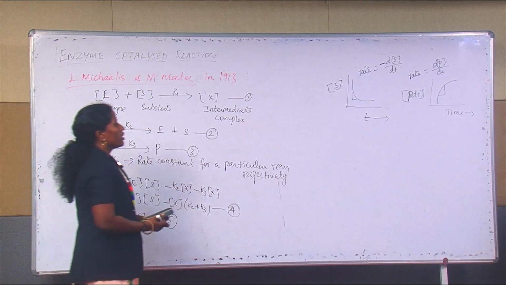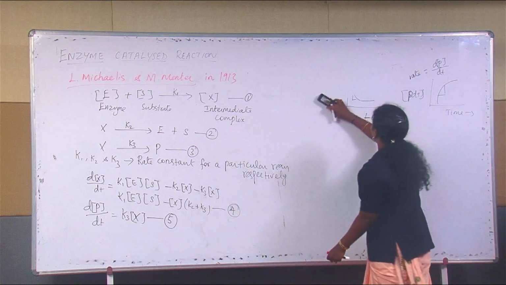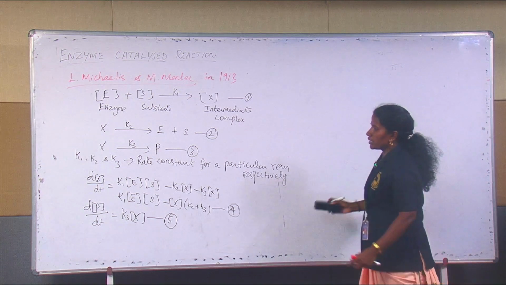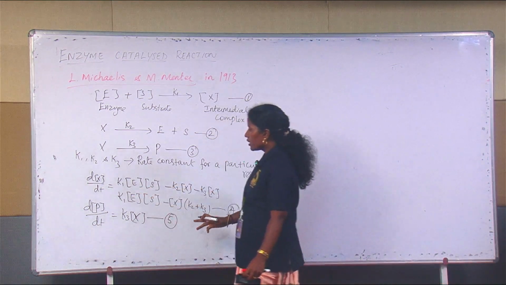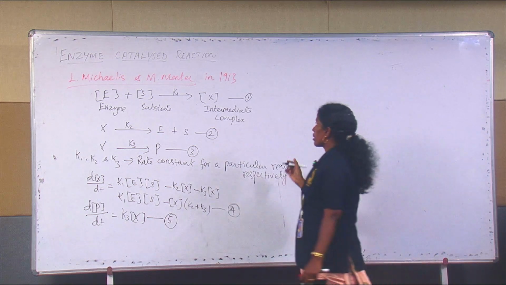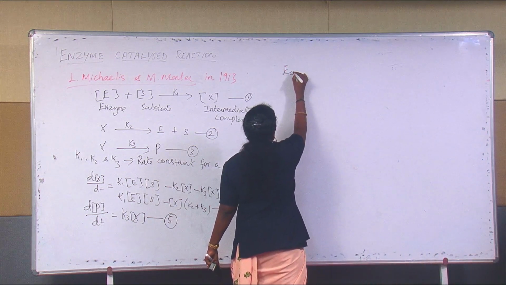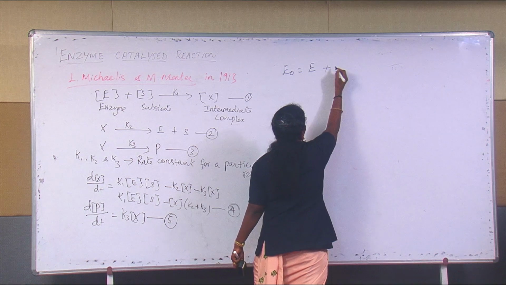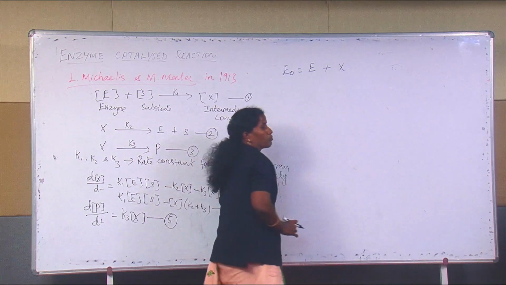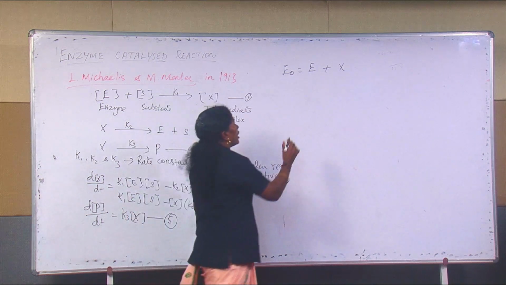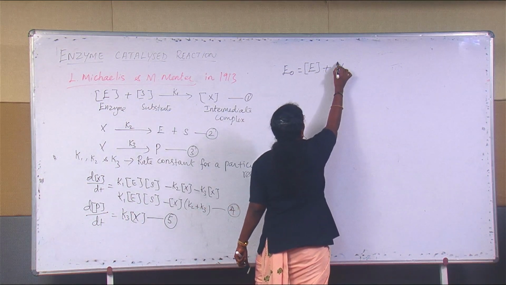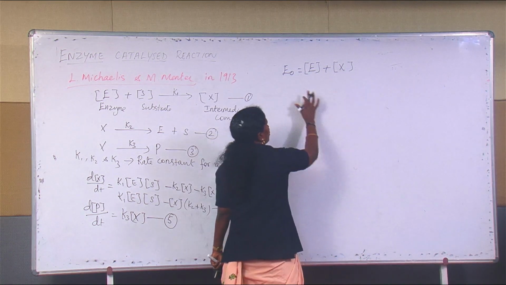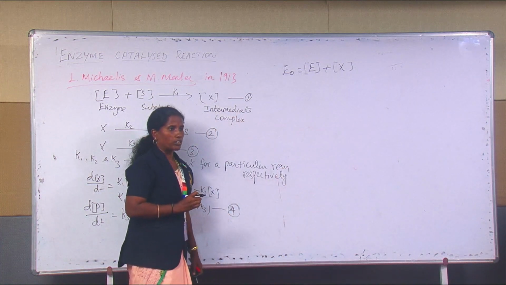As we know, the total enzyme concentration E0 is equal to the enzyme present in the unreacted form plus the enzyme present in the intermediate complex X. So E is the enzyme present in unreacted form, X is the enzyme present in the intermediate complex, and E0 is the total enzyme concentration.